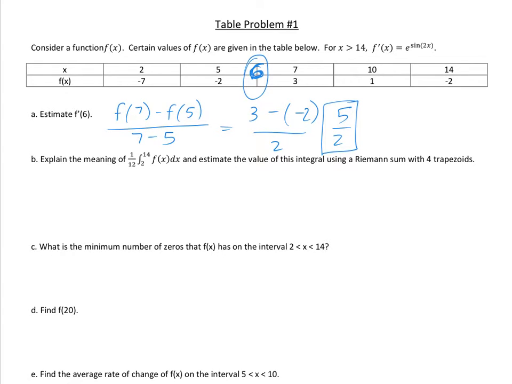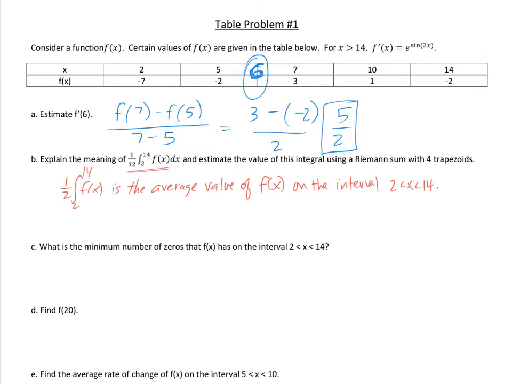Question B, explain the meaning of 1/12 times the integral from 2 to 14. So this is something you should recognize. When you see this integration with the fraction out front, this means average value. 1/12 the integral from 2 to 14 of f of x is the average value of f of x on the interval 2 to 14.